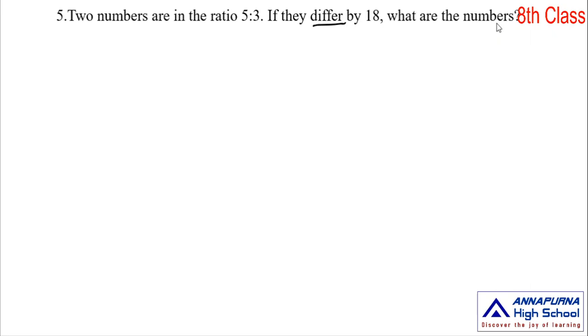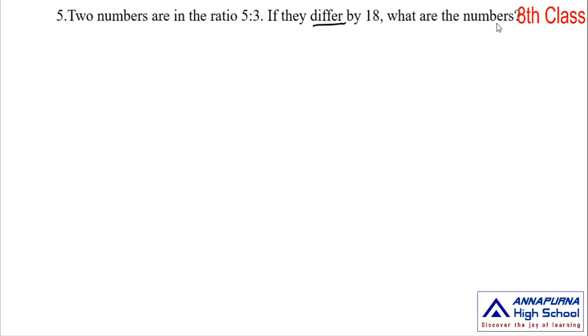If you take one number as x, what is the other number? Can you guess? We can't find the other number directly. Why? Because here we have two conditions: the two numbers are in the ratio 5:3, and they differ by 18. The difference and the ratio of the two numbers are given. So from these two conditions we find the two numbers.